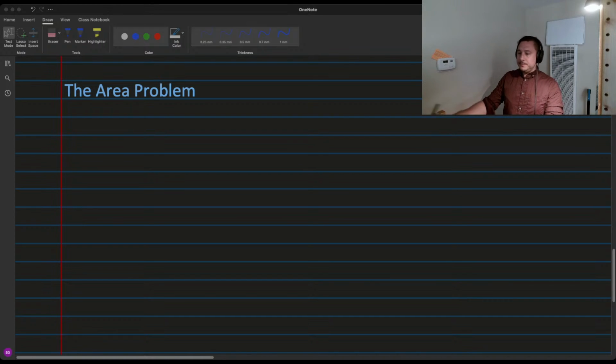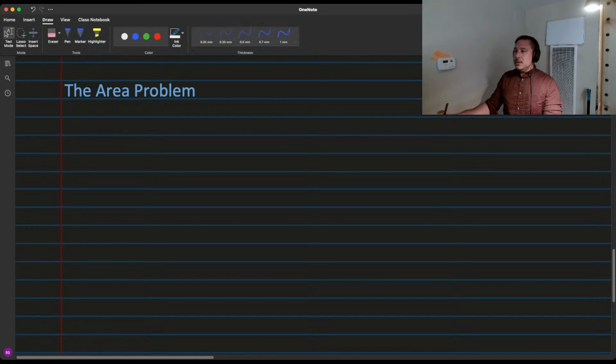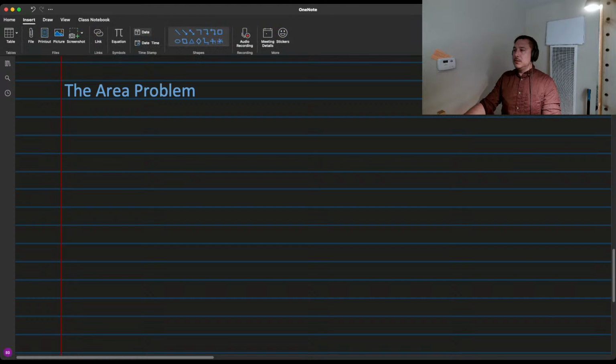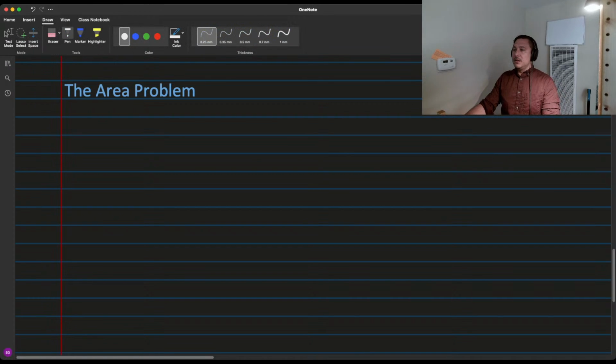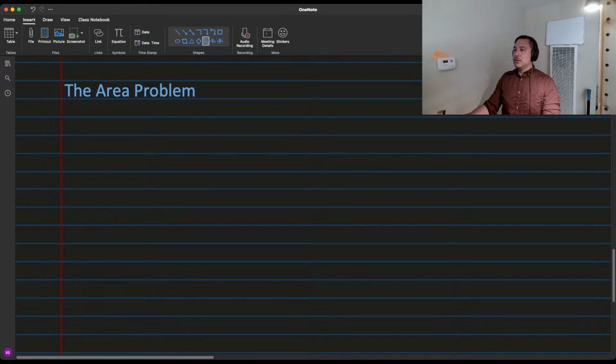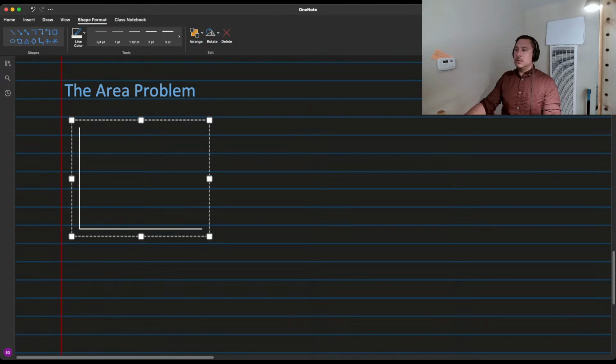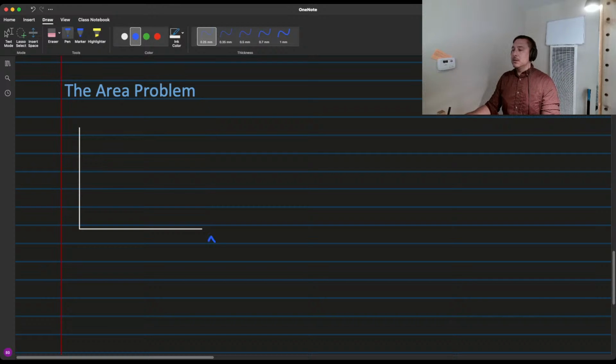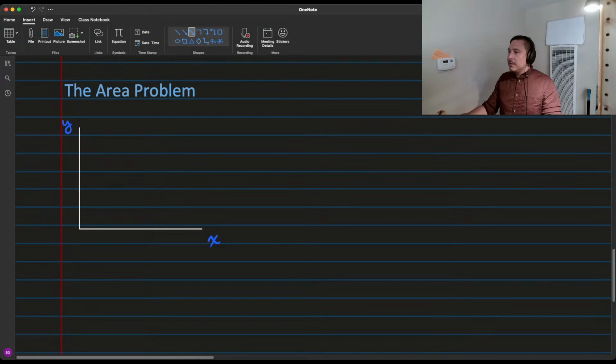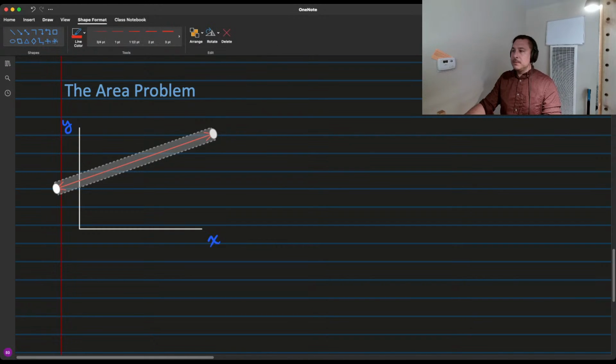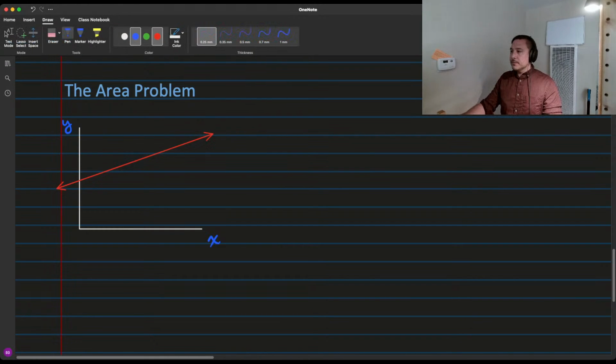Okay, so let's put in our graph here. Got your x and y axis. And let's say that you have a line. The line looks like this. That's your function, so there's your f of x.